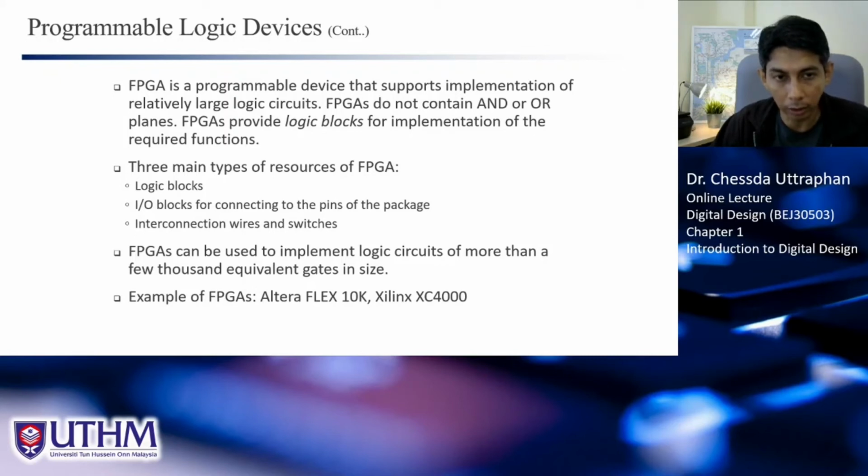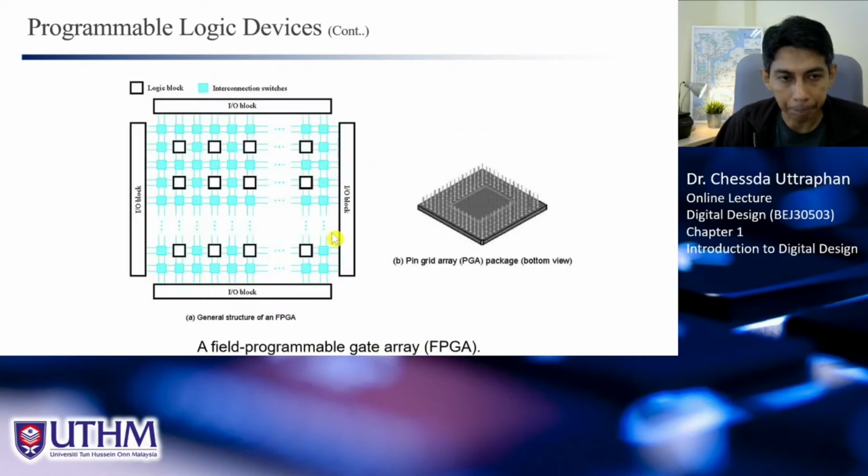And this is good because from specification to design to the real market, we need the time to be fast. We call it time to market. So we need a very short time to market, and FPGA is the answer. From specification, we can design very quickly using a hardware description language and so on, and we can implement very fast. This means that we use the FPGA to test our design, right?